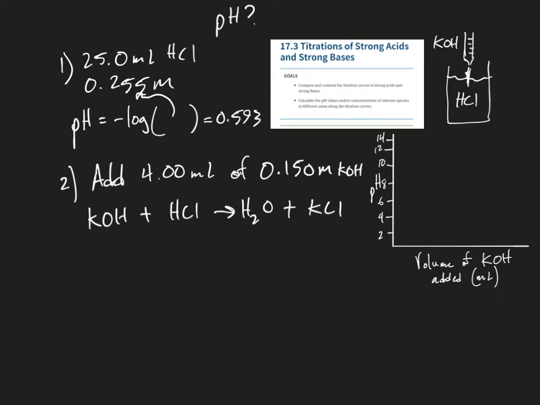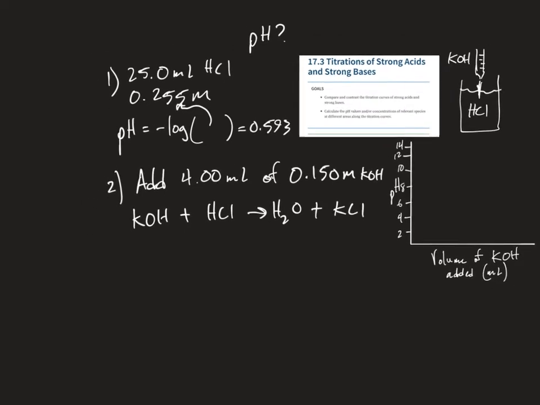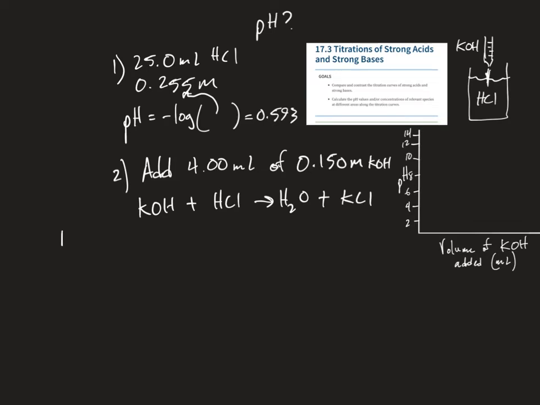Before any reaction occurs, let's think about how many moles of stuff, or millimoles, we have. Because these are going to react in a 1-to-1 ratio, let's do a little bit of calculation down here.